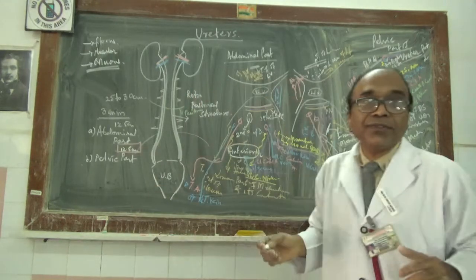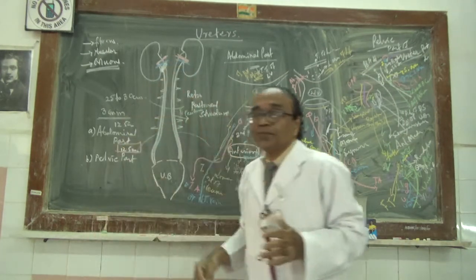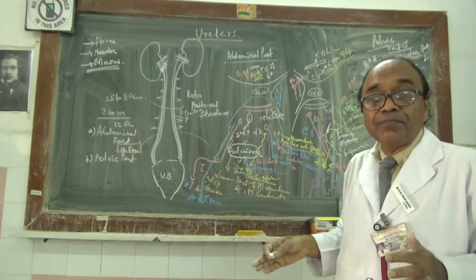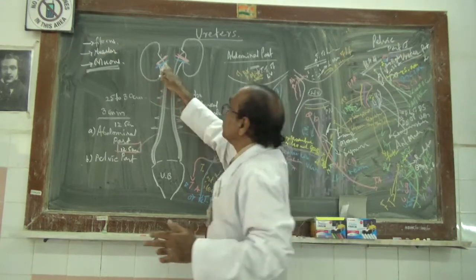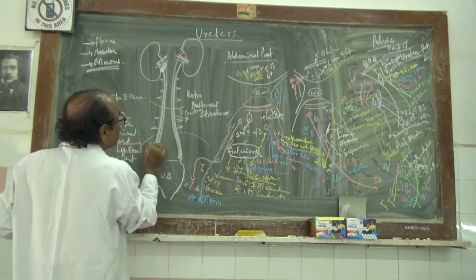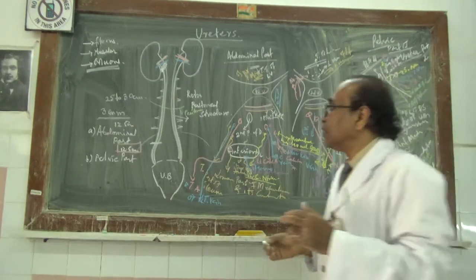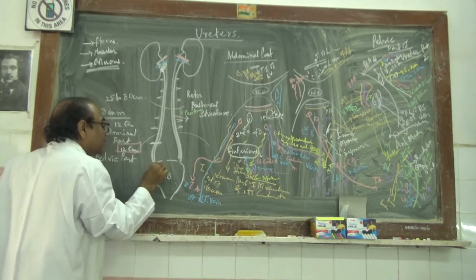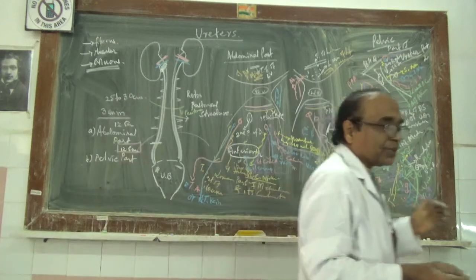There are three normal constrictions. One is at the beginning, the superior constriction, at the ending of the renal pelvis. Then another where it enters the pelvic cavity, leaving the abdominal part, after crossing about 12.5 centimeters, at the brim. And another where it terminates into the urinary bladder.